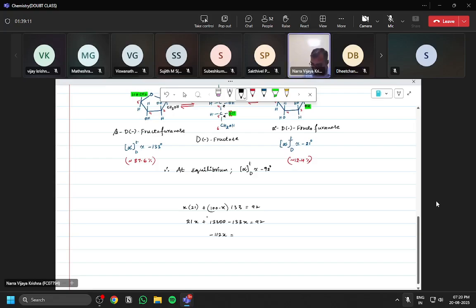If it brings to this side, I need to subtract. So 13300 minus 92, that is 13208. So x equal to 13208 divided by 112. Hey, I am getting a higher value.